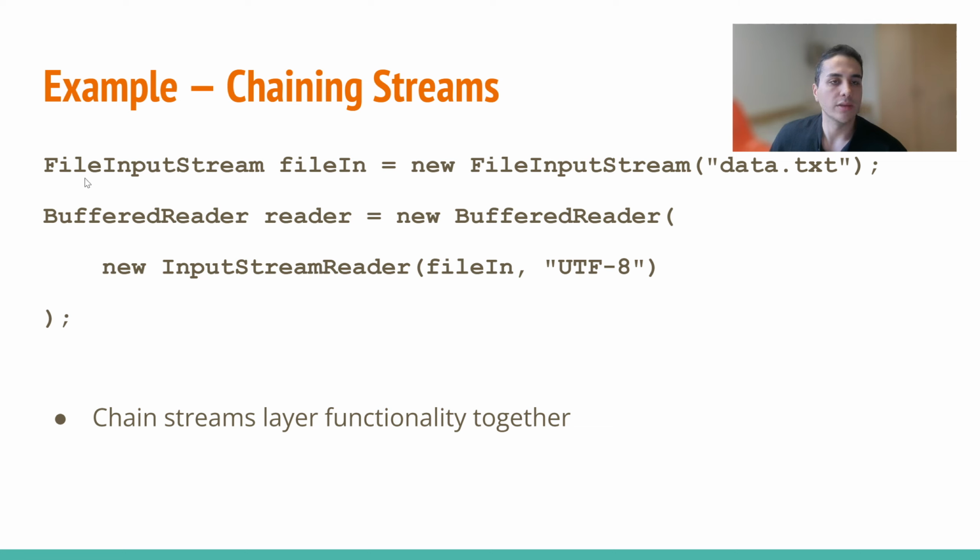As you can see, we have a FileInputStream object, which gets data.txt, and BufferedReader is getting that file input object, and it gets UTF-8 because that's the common encoding to use when we read data. This is how chaining streams work.